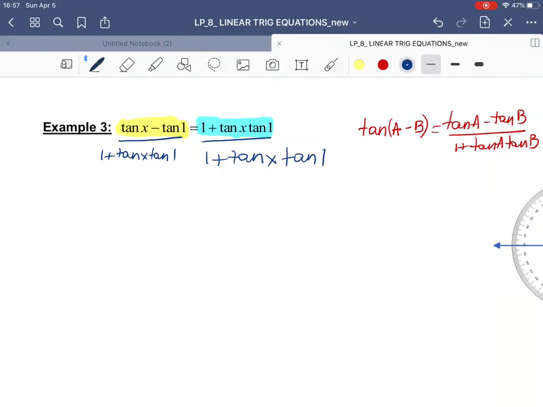So back to our solution. The left side of the equation condenses to become tan of x minus 1, and the right side is simply 1 because we are dividing an expression by itself. So x minus 1 is inverse tan 1.